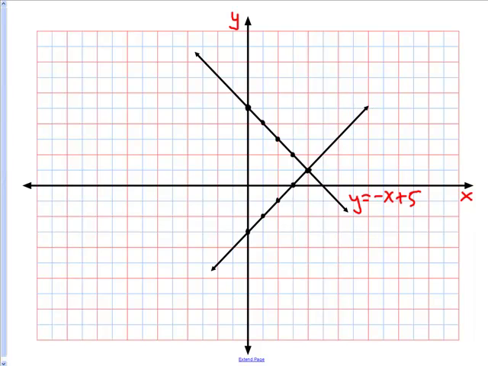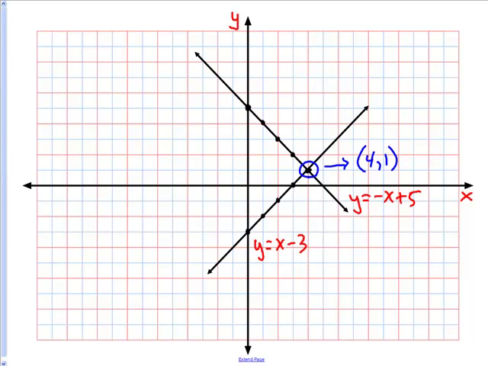I'll straighten that out a bit. And now let's label that y equals negative x plus 5, y equals x minus 3. And they appear to intersect at this point right here, which is the point 4, 1.